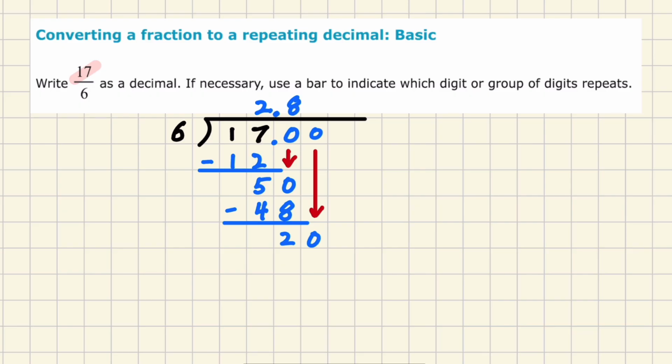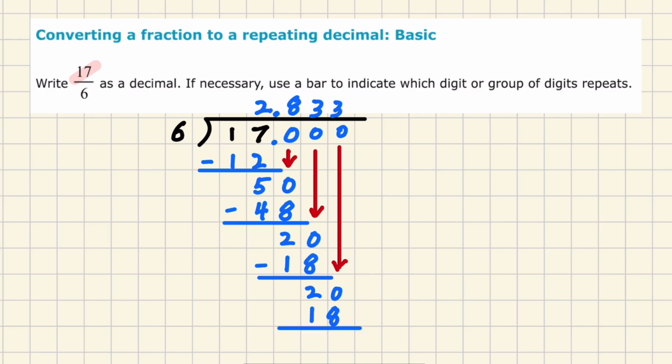6 goes into 20 3 times. 3 times 6 is 18. Subtracting, we get 2. And I'm starting to see a pattern here because using one more 0 to bring down, I again have 6 goes into 20 3 times. I would again get 18. Subtracting would give me 2.